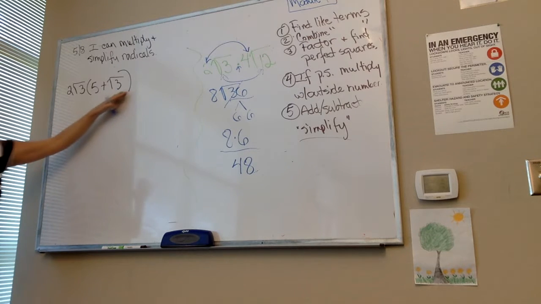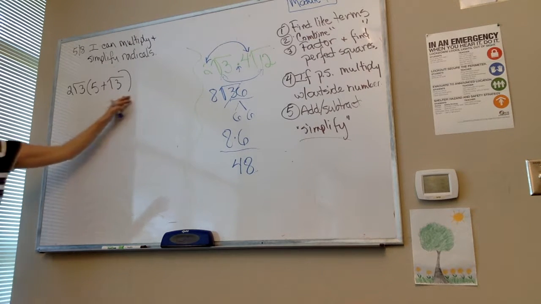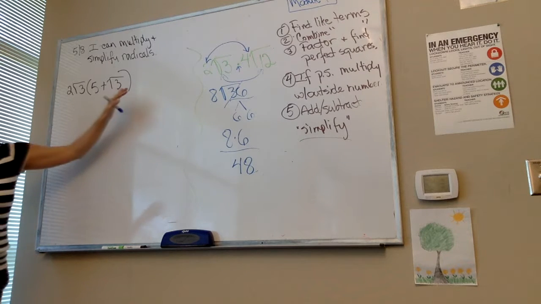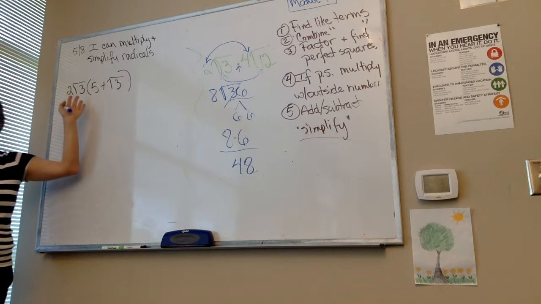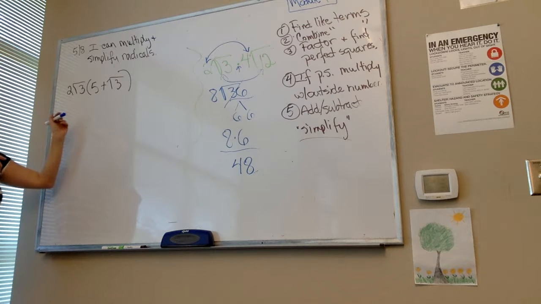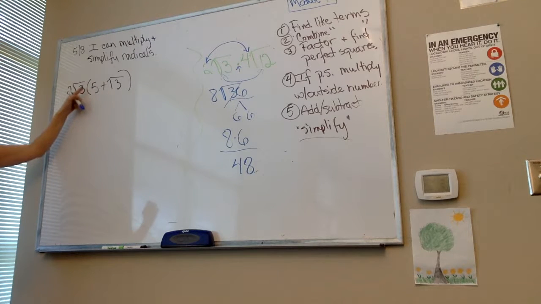What's happening here? What are they doing together? Are these being added? Are they being multiplied? They're being multiplied. And where is that multiplication happening? The outside to the inside. Outside to the inside. Very specifically where? 2 to 5.